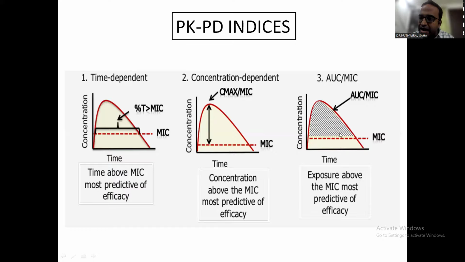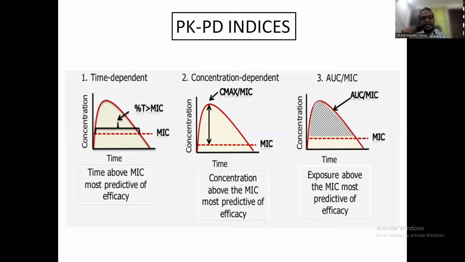So the area under the curve, remember, the actual term is area under the inhibitory curve, meaning the area under the curve above the MIC, because no story is built below the MIC. There are some stories we will be discussing later, those are post-antibiotic effect. But now all the stories are cooking above the MIC. So the area under the curve above the MIC divided by MIC gives you the PKPD parameter of this third category of the drug. So it's very clear.